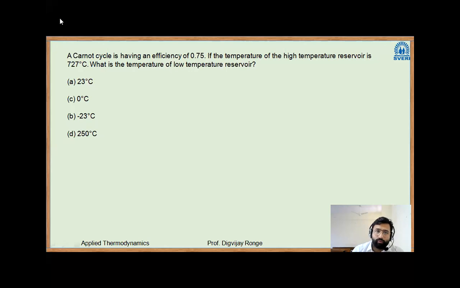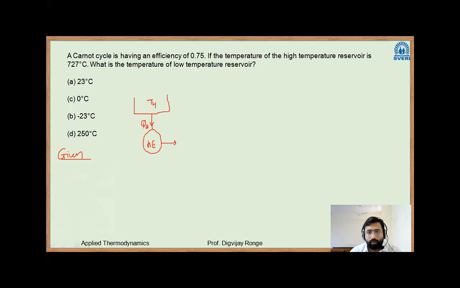Okay. So see here, the given data. I will draw the heat engine. What is the schematic for a heat engine? There is a source at TH. Then the heat engine is connected, it will take some amount of QH.